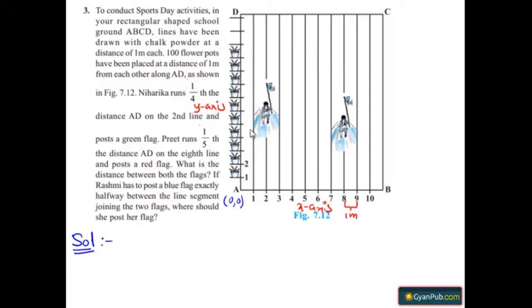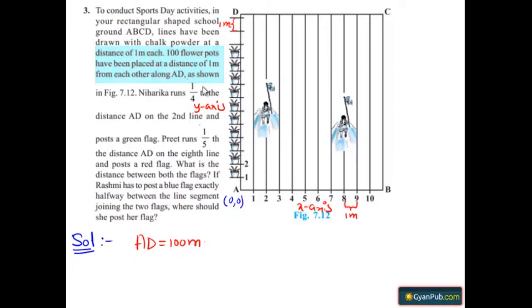That means each unit on the y-axis also represents 1 meter. Since 100 flower pots have been placed, AD becomes 100 meters. Let us locate the position of green flag and red flag on the xy plane.